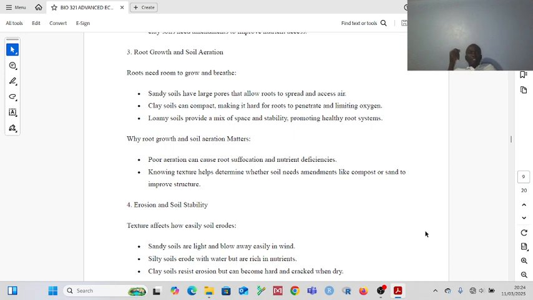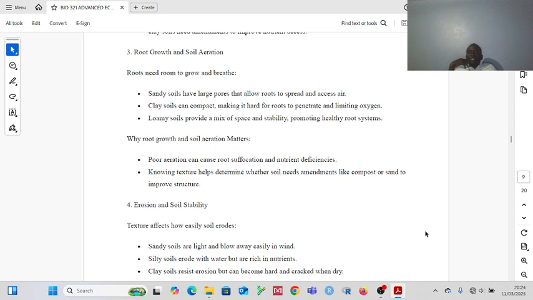Sandy soils have large pores, which means the roots will spread through the sandy soil easily. As these roots spread through easily, they also access air because the sandy soil is porous. Okay, so there's a lot of air present in the sandy soil.